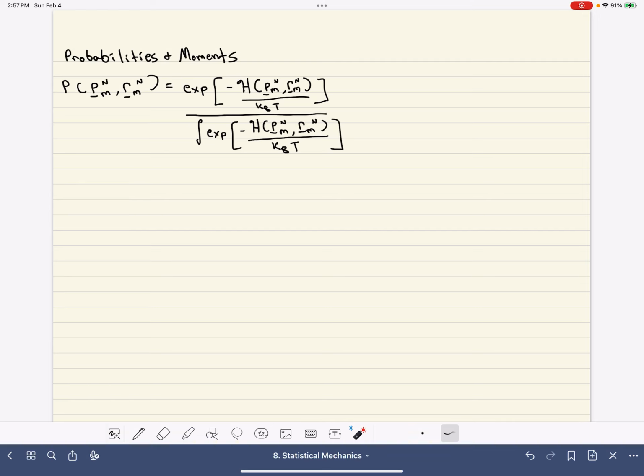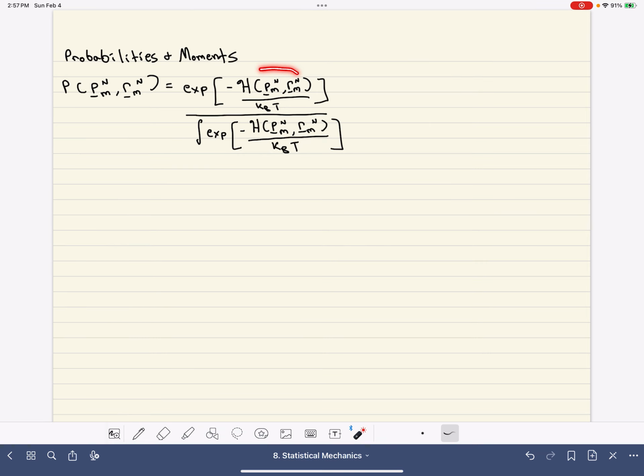Previously, we showed that we could describe the partition function in a continuous form by using the Hamiltonian equation. Based on this idea, we could extend it to also say that we could calculate the probability that the system is in the empty state using this form here, where we have our Boltzmann factor, which now has the Hamiltonian instead of the discrete energy.